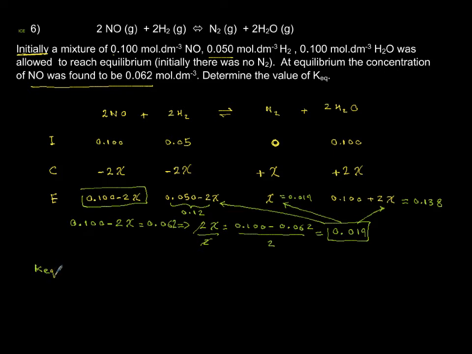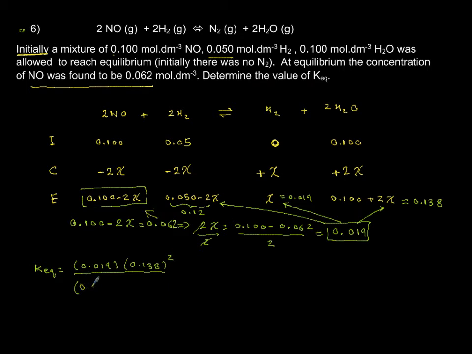K equilibrium is equal to, just respect the coefficient, products over reactants. So nitrogen has no coefficient, it is 0.019 multiplied by steam, which has a coefficient of 2, so it's 0.138 squared, divided by the concentration of one reactant, which is 0.062, don't forget that.